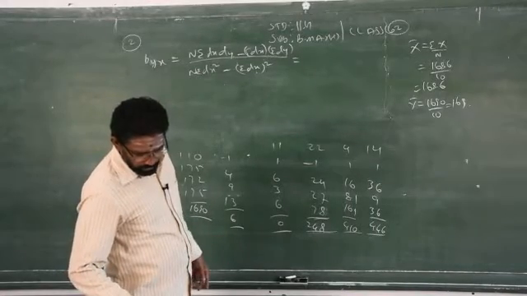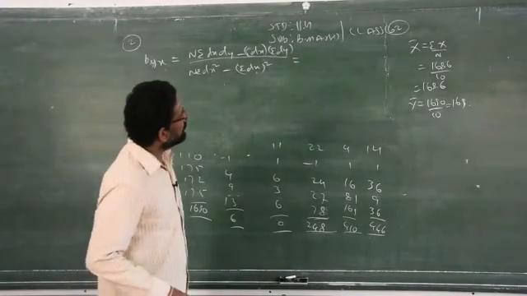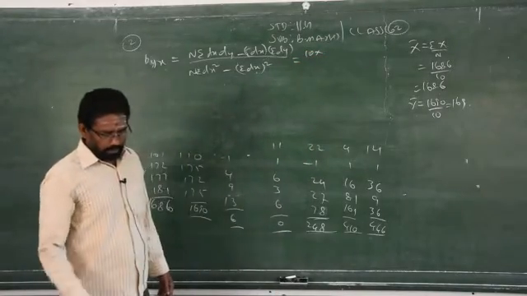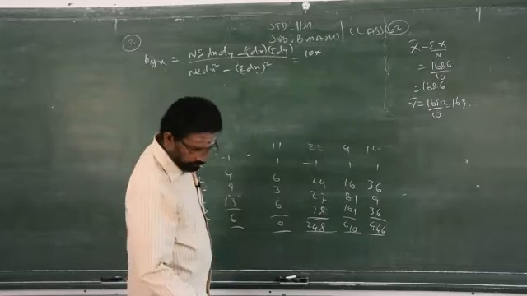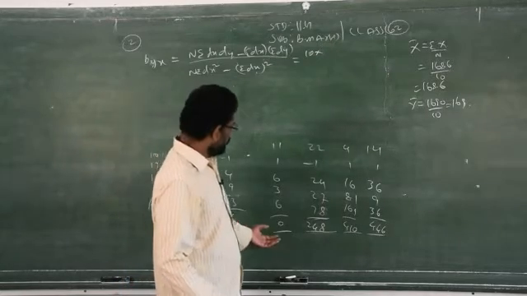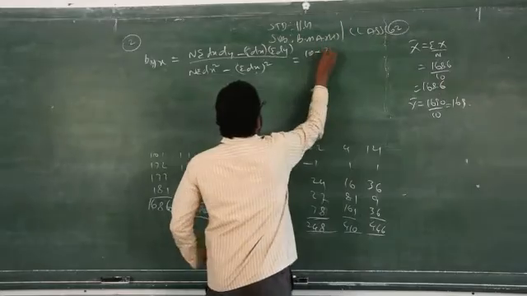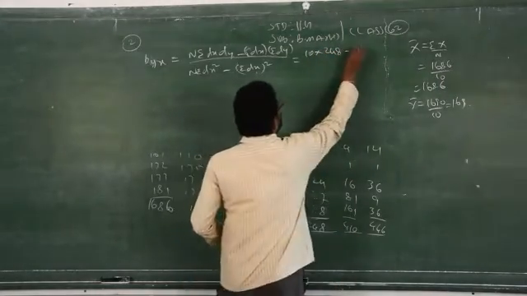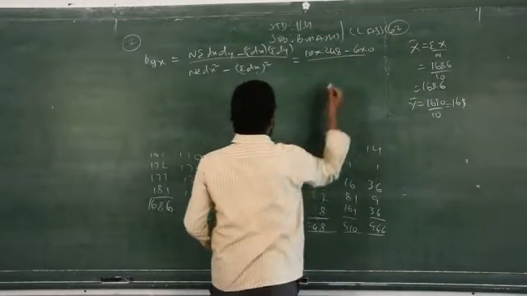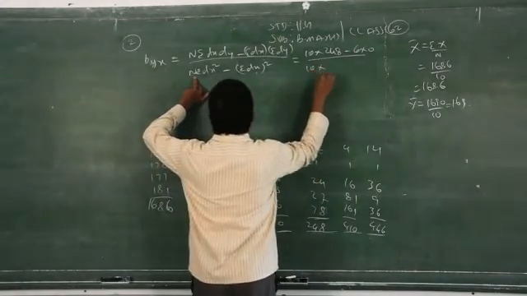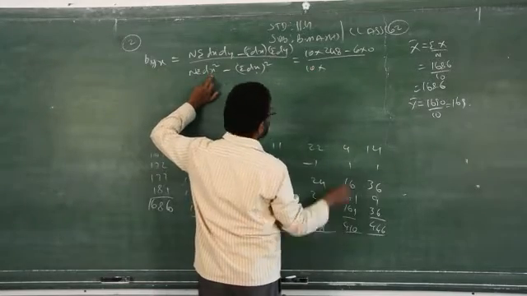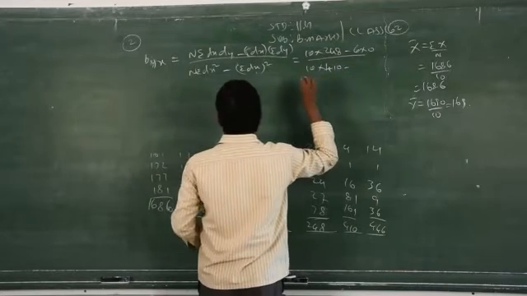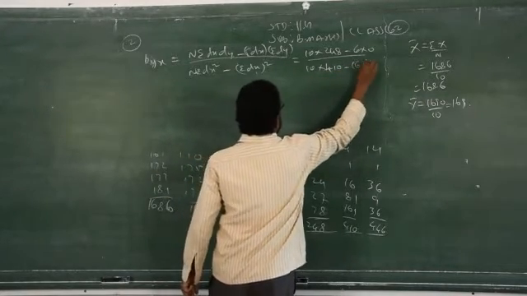Clear? Just I am substituting that. What is your n? n is 10. So 10 into summation dx dy. What is the summation dx dy answer? Summation dx dy answer is 248. 248 minus summation dx summation dy, that is 6 into 0, by n is 10 into summation dx square, that is 410, minus summation dx the whole square, 6 the whole square.